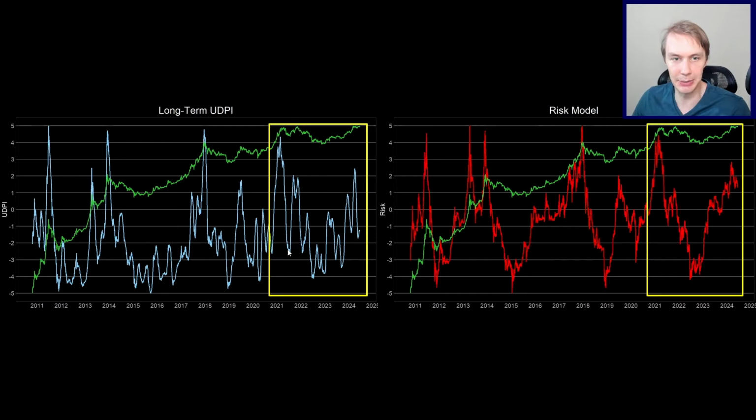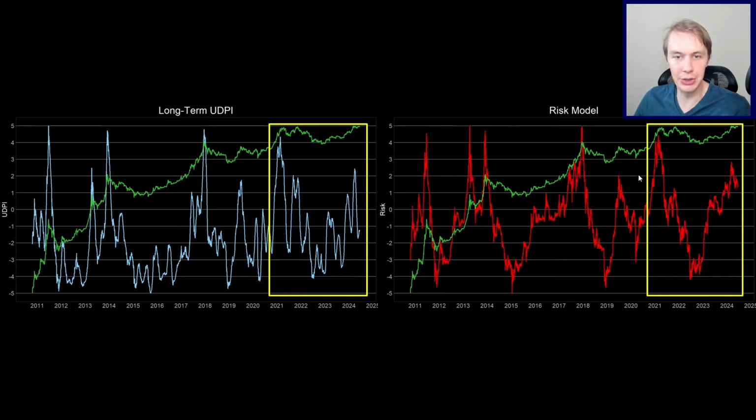Likewise, the UDPI dipped further in the summer of 2021 than the risk model did, giving you a better time to play this as a swing trade, basically buy here, sell here, whereas that was much less of a pronounced move on the risk model. And then finally, it stayed a lot lower risk throughout the beginning of this current run-up that we've been seeing than the risk model, which jumped to be above neutral already here in early 2023, well before we were anywhere near the levels that we're at right now.